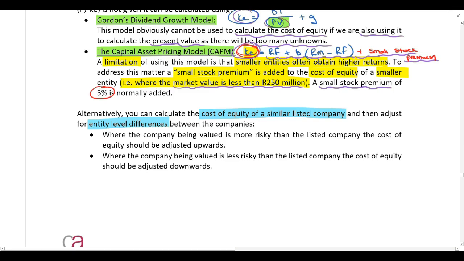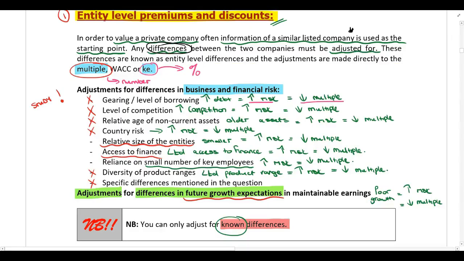If the company being valued is more risky, the cost of equity must be adjusted upwards. And if the company being valued is less risky, then the cost of equity should be adjusted downwards. So please note, because we are working with a percentage and not a number, your adjustments move in the opposite direction.